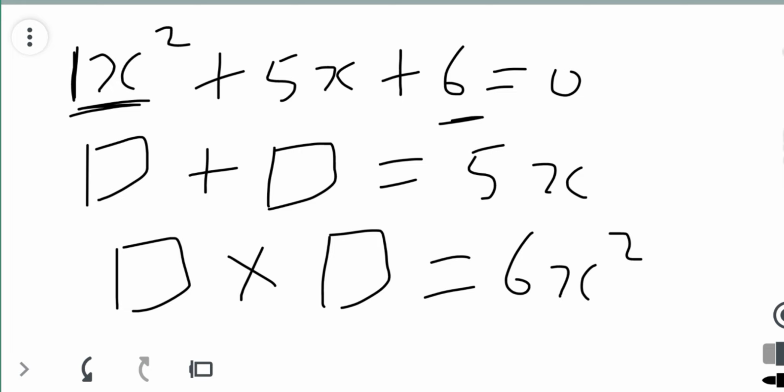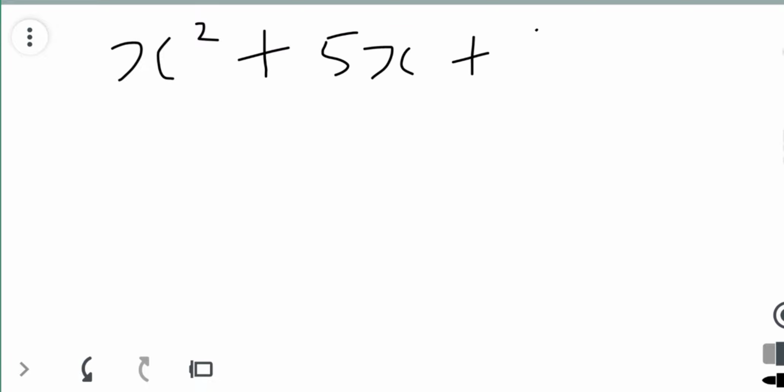So we have x squared plus 5x plus 6 equals 0. The two numbers, when you add them together, you get 5x, and when you multiply them together, you get 6x squared. Obviously, the numbers we have to use are just 3 and 2, because 3 multiplied by 2 is 6.